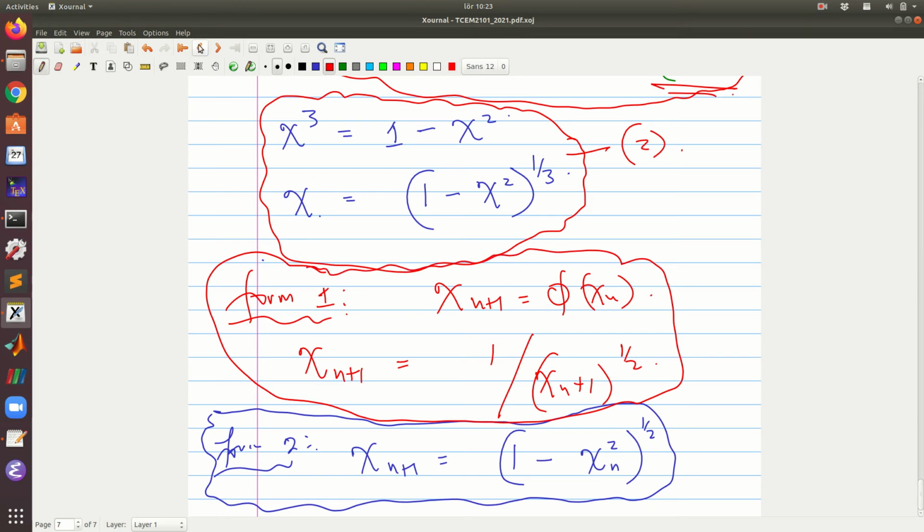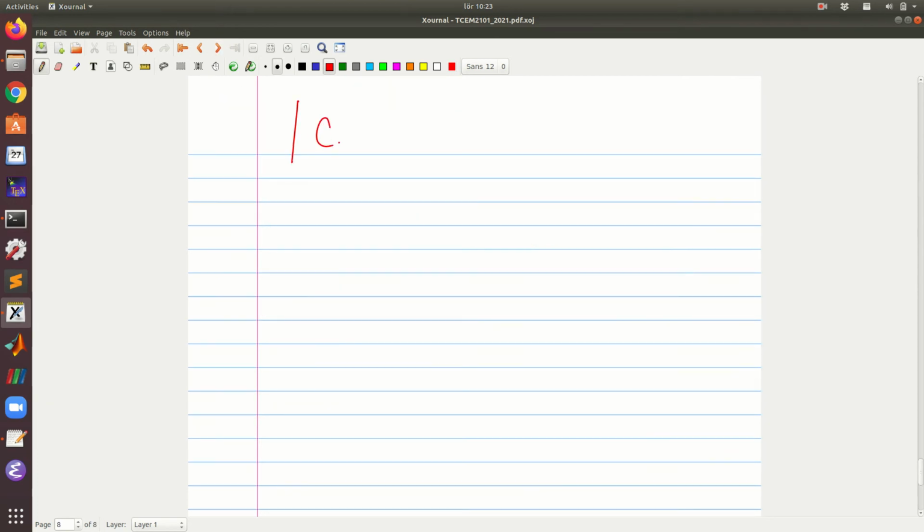Alright, next you will have to check, for form 1 or for form 2, that for all values of x taken from the interval they gave us, 1 to 2, the absolute value of the first derivative is less than 1. That is what we would need to check.